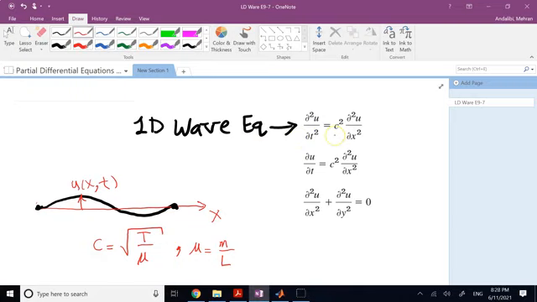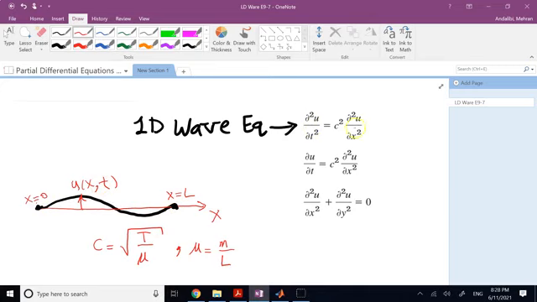Now, what's the solution? Well, the solution does depend on these end conditions that we call the boundary conditions. So if this is, let's say, x of 0, and this is x of L. Now, since this is a partial differential equation, not only do you need what we call boundary conditions, so what happens at the two ends of the string, but also you need some initial conditions, what happens at time 0.